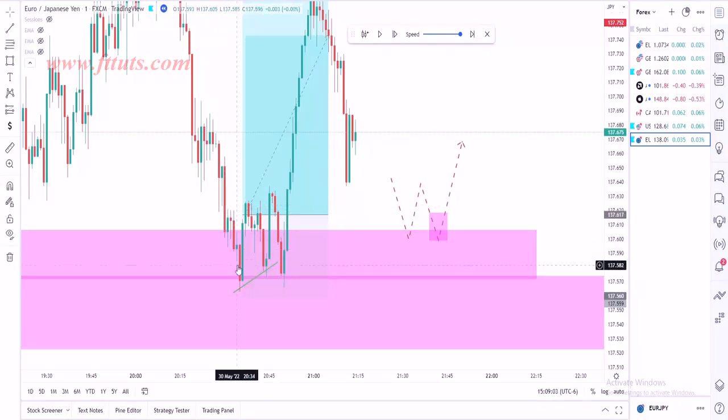If you want an execution when price comes down and gives you a momentum reversal, that's absolutely fine. There's nothing wrong with that. If you want a little bit of added confirmation and you're going to be really conservative, wait and see if it gives you a double bottom, and as long as one of those patterns is on the second point, you're good to go.